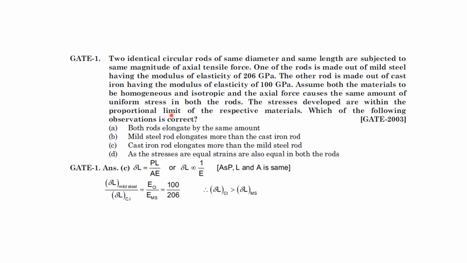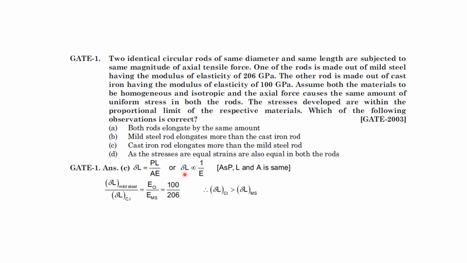What we have to do: we know the expression of elongation, delta L is equal to PL by AE. P is the force, L is the length, A is the area, E is the elastic modulus. The remaining things are the same as per the question. If you read the question carefully, you will find that P, L and A are the same for both. Now only E is different.